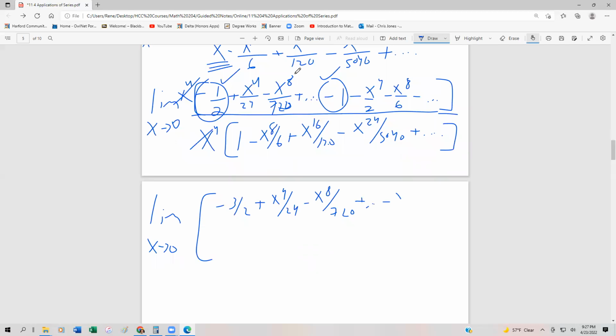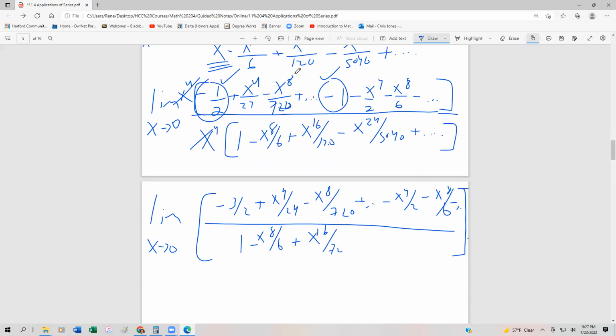And then we have a minus x to the fourth over 2, and then x to the eighth over 6. And that's just going to keep going on forever. Right. And then in the denominator, we have 1 minus x to the eighth over 6 plus x to the 16th over 720 minus x to the 24th over 40.